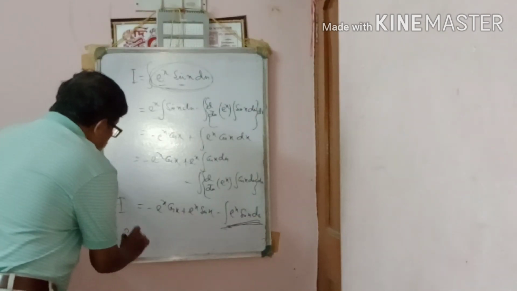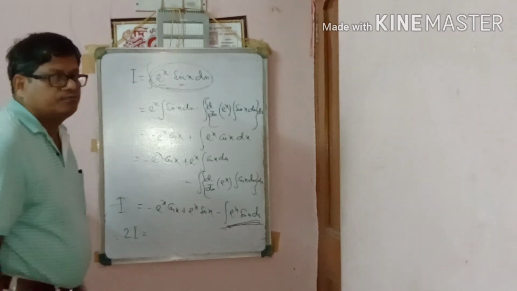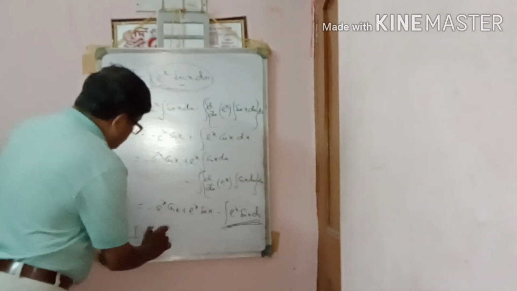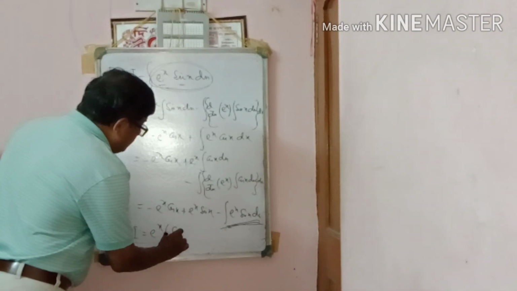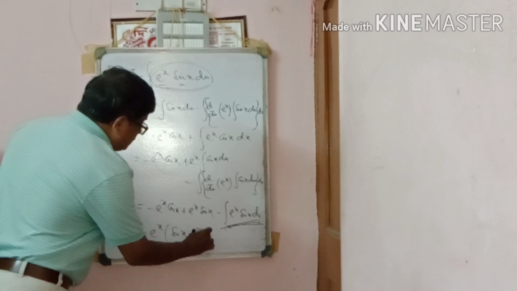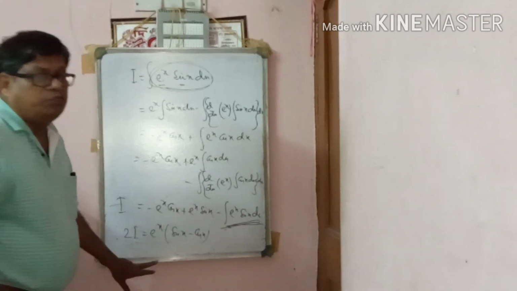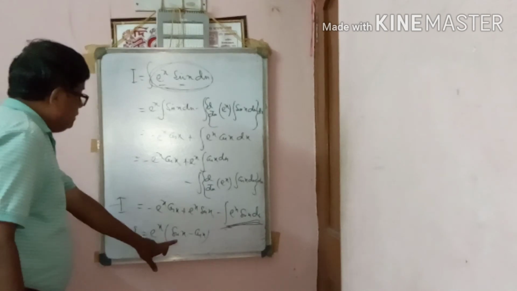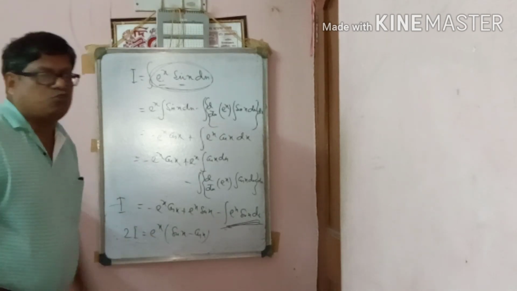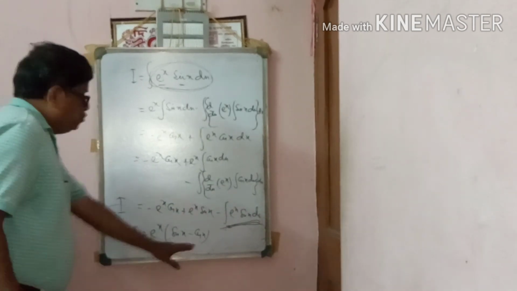See, 2I equal to this part. So take e to the power x common, sin x minus cos x. So I equals e to the power x times (sin x minus cos x) by 2 plus c.